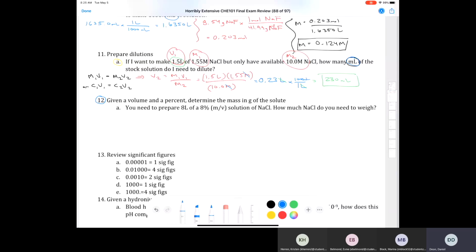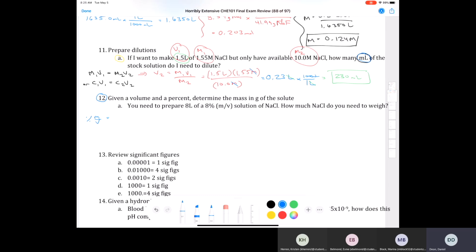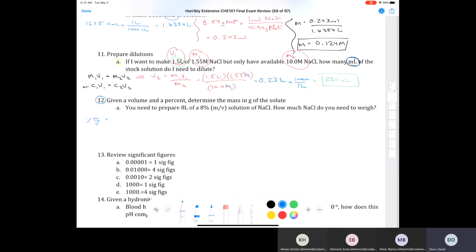The first thing that you need to know is the formula for percent mass over volume, and percent mass over volume is equal to the mass of solute in grams divided by the volume of solution in milliliters, and then multiply by 100%.